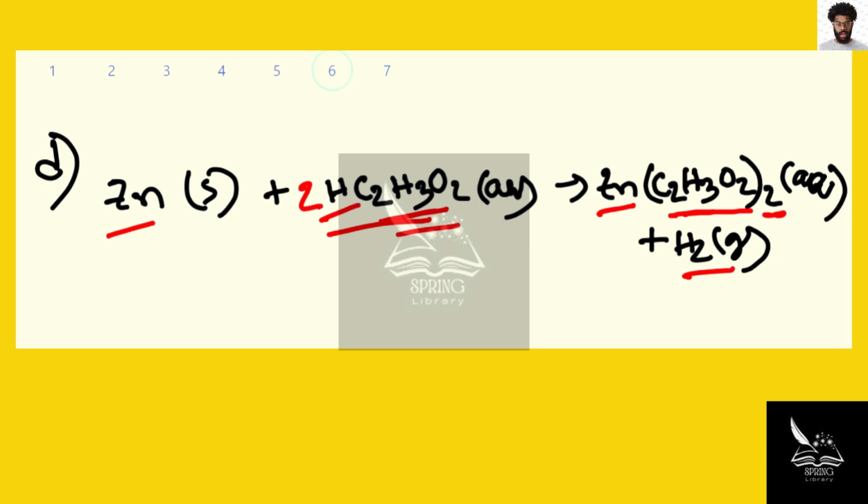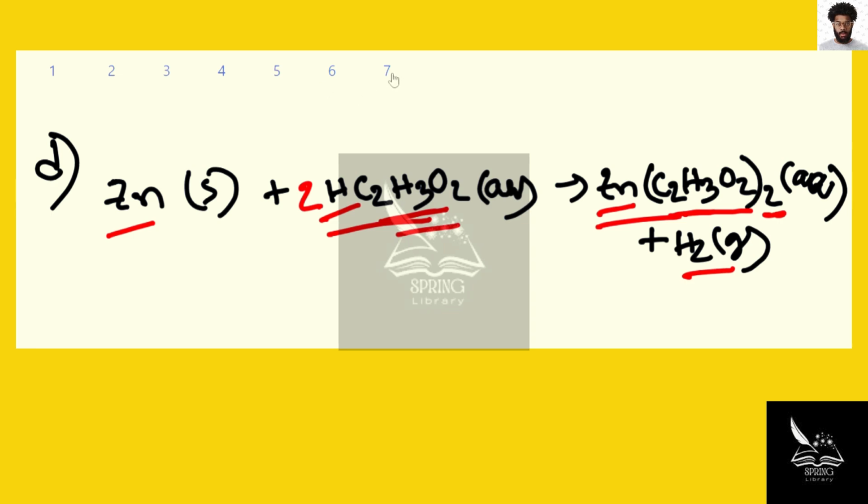So write it as HC2H3O2 in aqueous. On the product side, our zinc acetate will be dissociated into its ions.